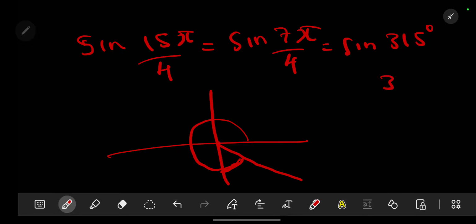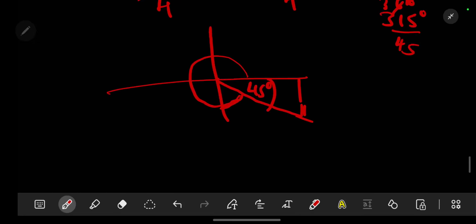So now 315 degrees minus 360 degrees gives us negative 45, so we are going to have our 45 degrees like that. So this is what we have: 45 degrees here, and sine is negative in this quadrant.